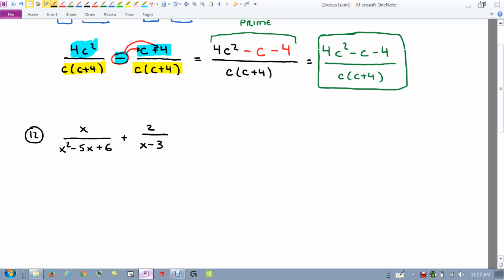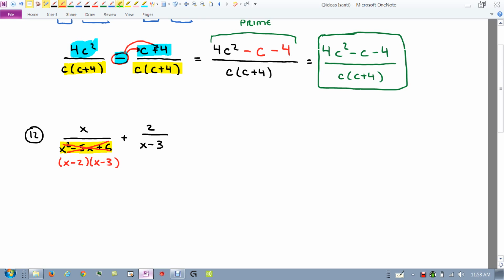Before I try to get a least common denominator, I'm going to notice that this is a trinomial, so I'm going to factor it. I'm not going to show that work, but it turns into x minus 2 times x minus 3. And I'm just going to forget that that was even there.